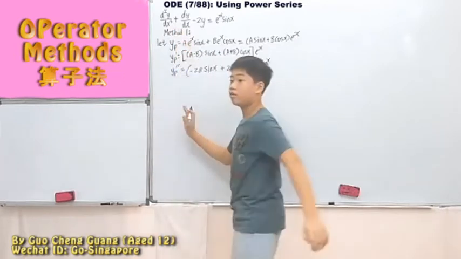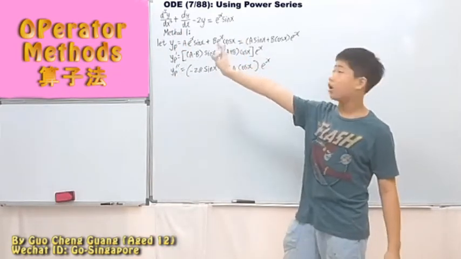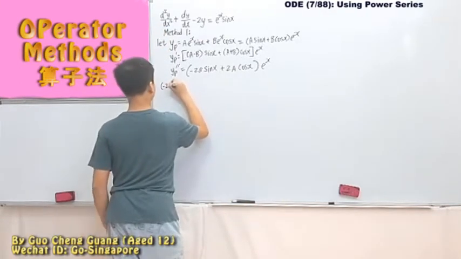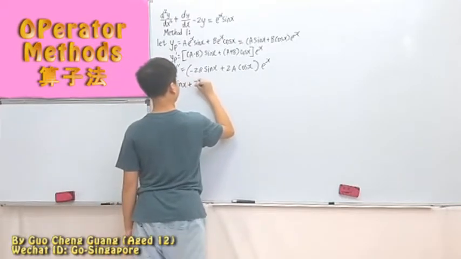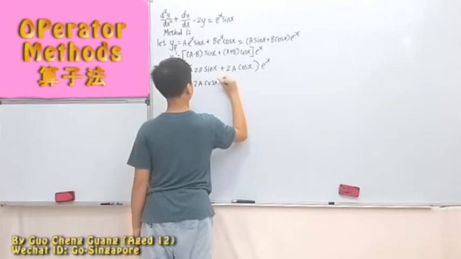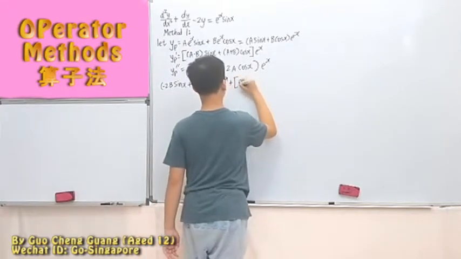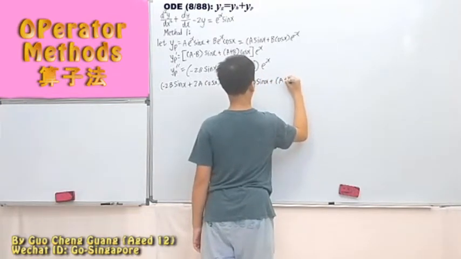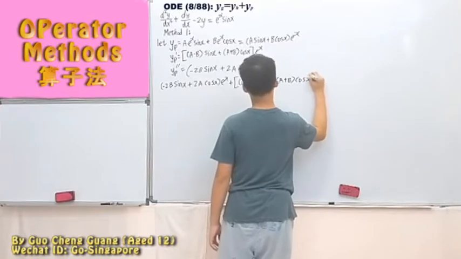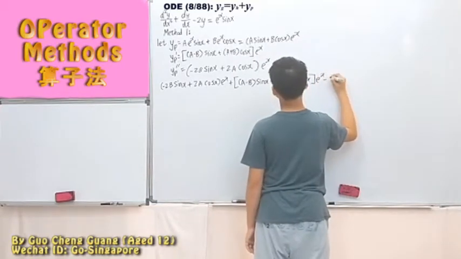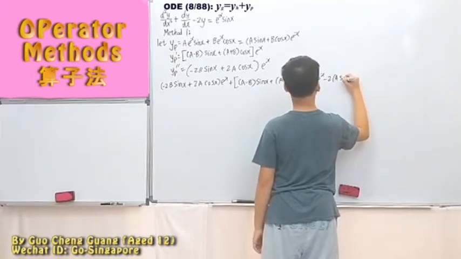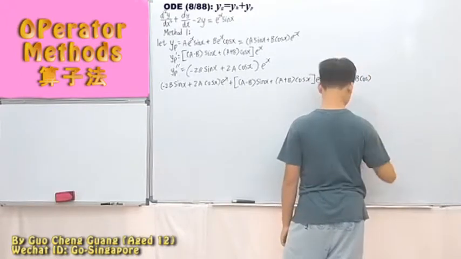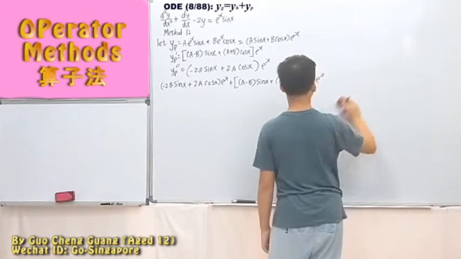Then after that you just substitute all of them back into the original ordinary differential equation. So I think I need to write this part below.